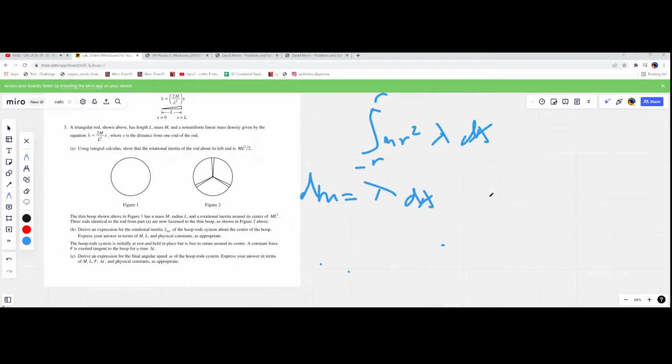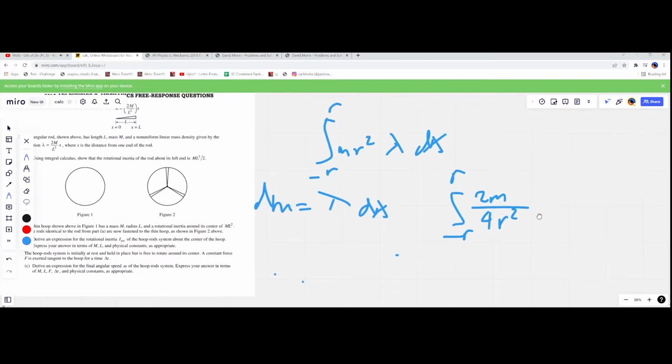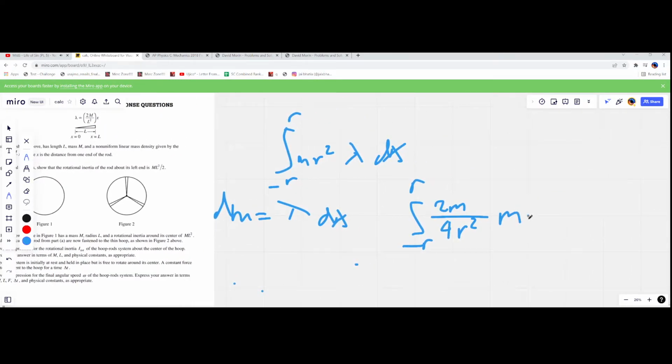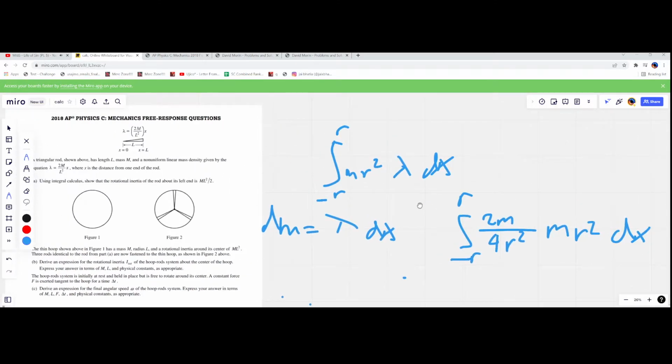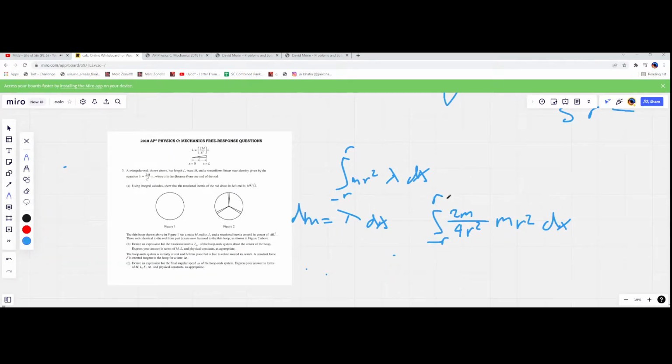So it'll become the integral from minus r to r of 2m. So L squared we can substitute for 2r, so it's like 4r squared times mr squared dx. That's probably not good. Why is everything canceling?